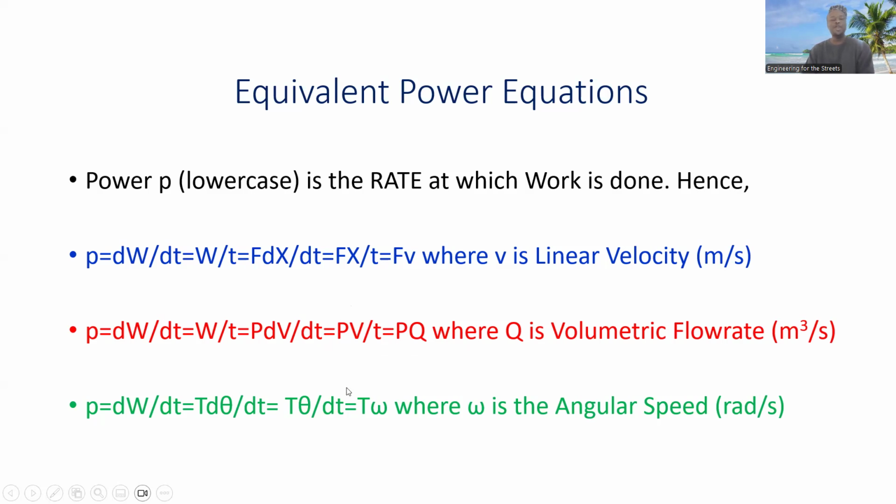And so if we go into the rotational motion domain, then dW is T d theta, because we say that work done for a constant torque is the torque times theta, which is angular displacement. From our previous videos, you will see that work is the torque times angular displacement for a rotating system.